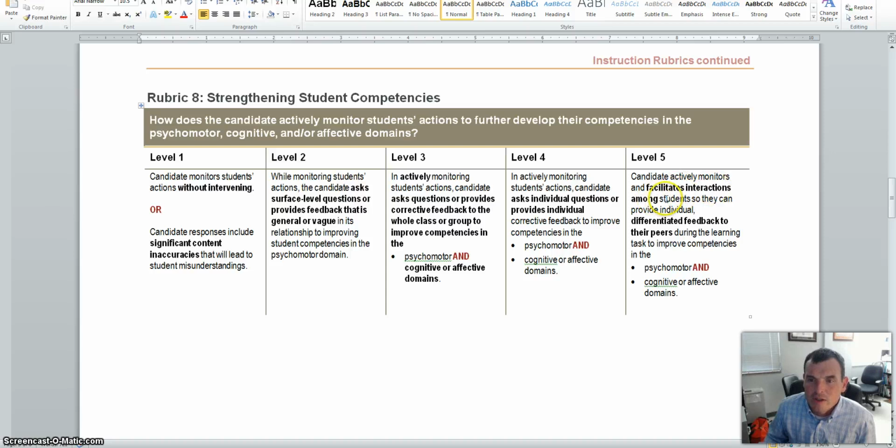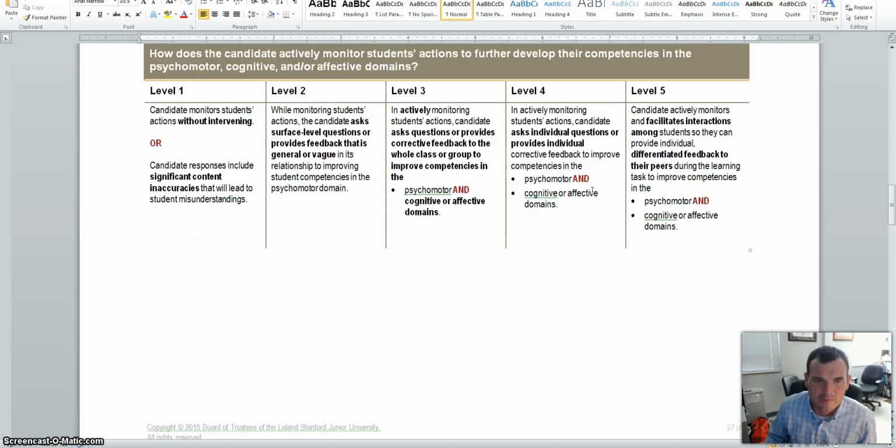Facilitates interaction among students so they can provide individual, differentiated feedback to their peers. Understanding the cues. What am I looking for? What do those cues represent? How can I convey that message to a fellow classmate? Students love being observed and being assisted by their peers. So why not give them the tools to be able to do that more effectively?